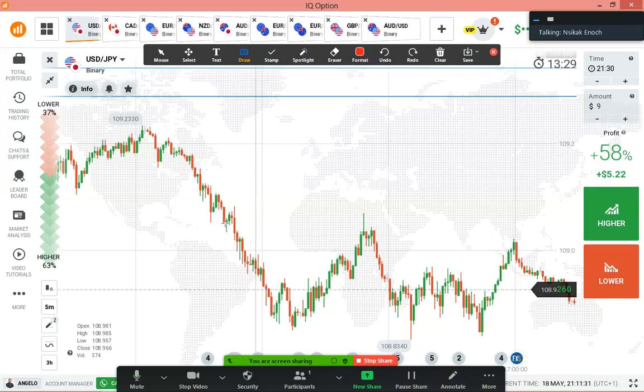So that means this is where I'm going to draw my supply, from the open of the bullish candle to the highest wick.